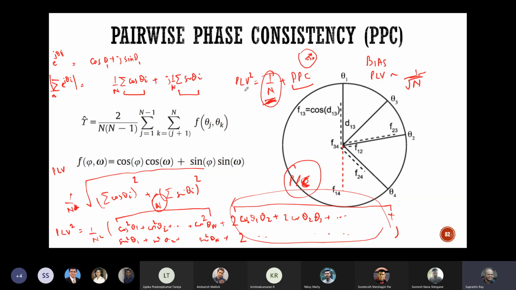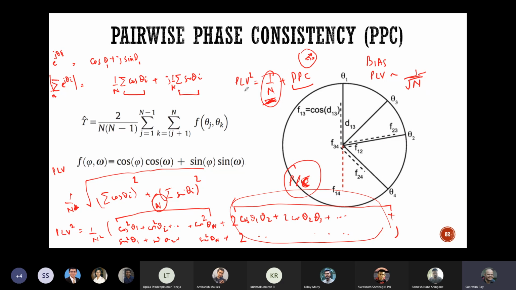So instead of PLV or coherence or any other measure, if you use the PPC, which is also very simple to compute, you will get the same answer irrespective of how many trials you are using. And this is a big step forward, because in neurophysiological data, you can't keep computing millions of trials. You only record for so much time, and you have often like 10, 20 trials or maybe 50 trials at most.